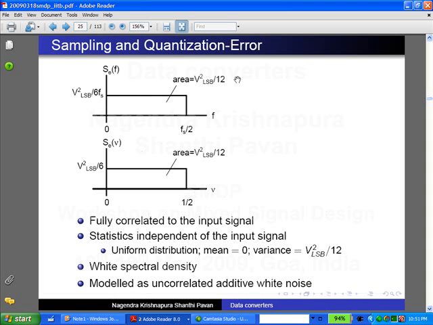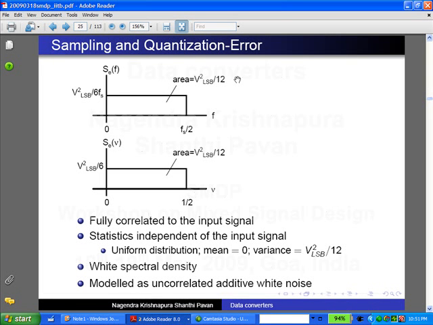Any questions on this? Firstly, you quantize it, you are equally likely to find the error anywhere between minus half VLSB and plus half VLSB. In addition to that, you want to find the frequency content of this quantization error.